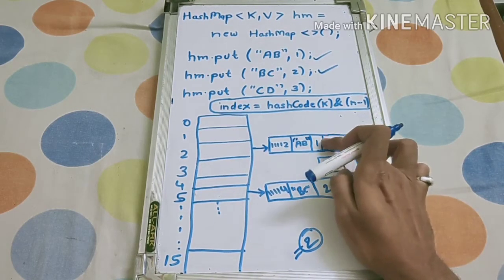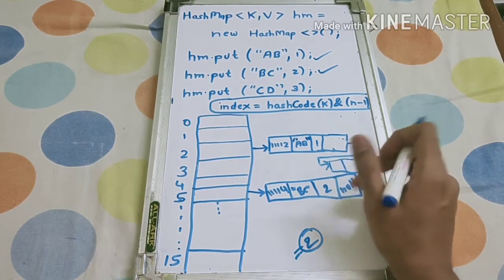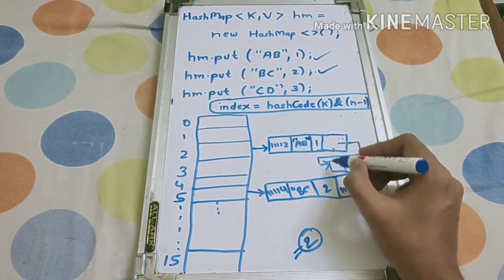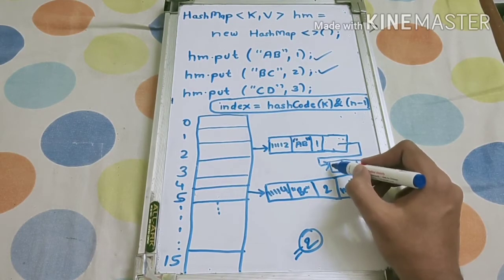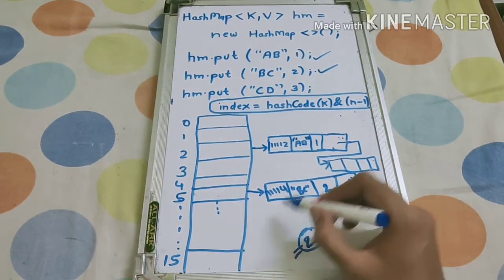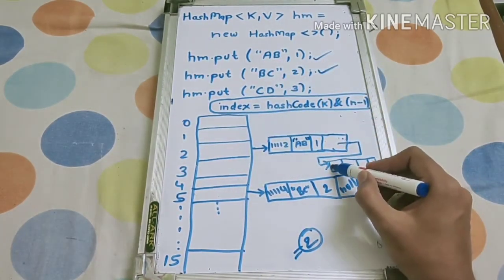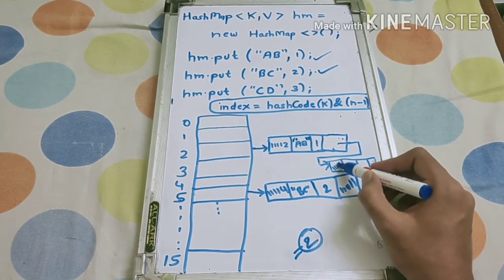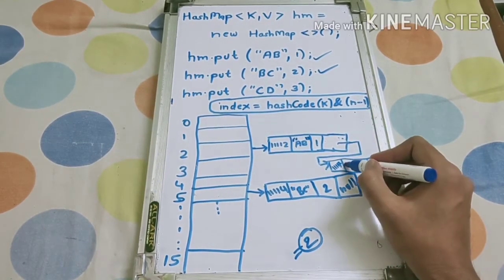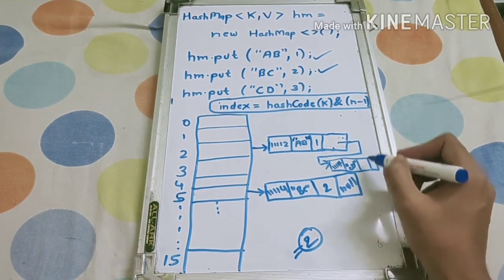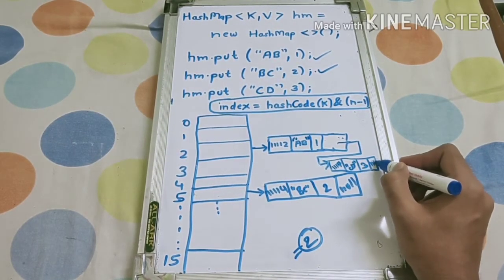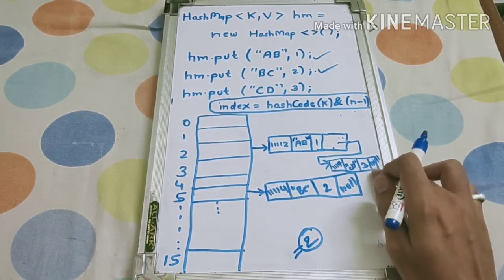Here the address will be of the next node. It will store the address of the next node, and the hash value of CD will be something like 1117, for example, then CD, then 3, and then null, as there is no extra node attached to this node.